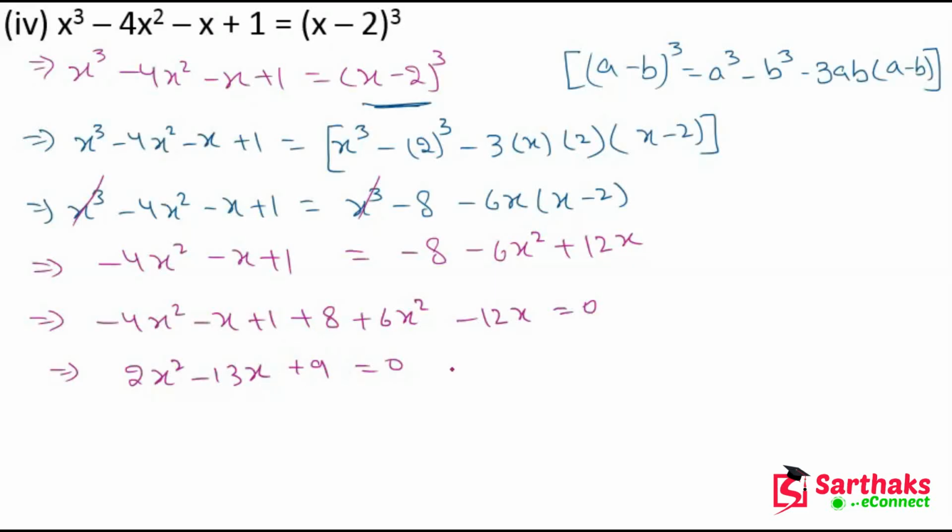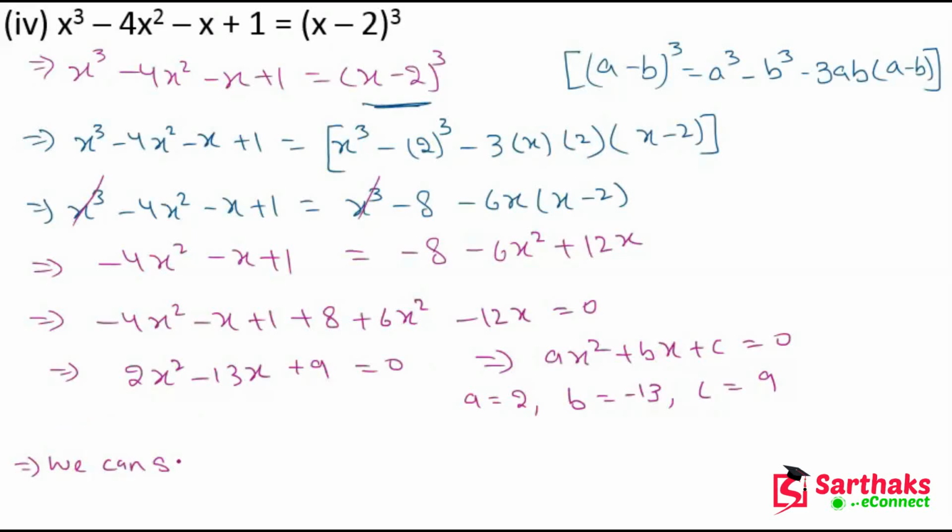Now if we compare this equation with ax square plus bx plus c is equal to 0, we get a equal to 2, b equal to minus 13, and c equal to 9. So we can say that the equation is a quadratic equation.